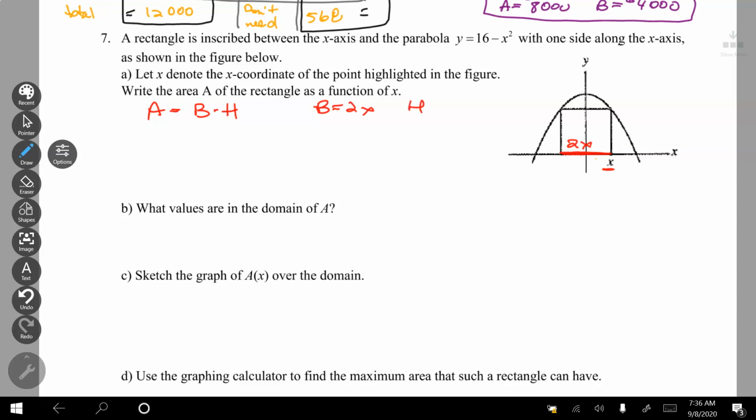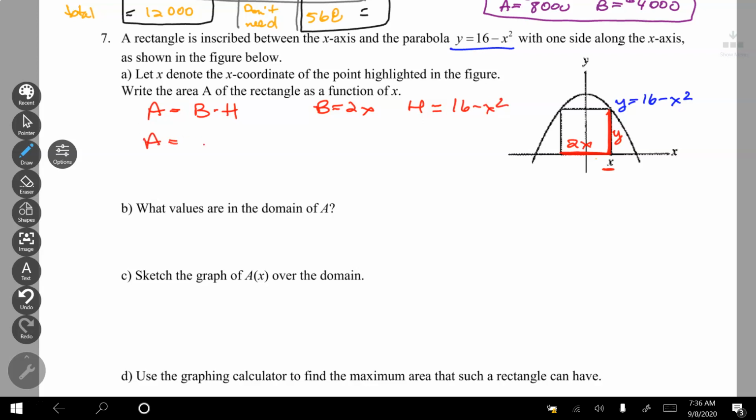Now the height is this side right here. Well, the height is just whatever my y value is, the vertical length there. But I have an equation for that y, and that is y is equal to 16 minus x squared. So my height is equal to 16 minus x squared.